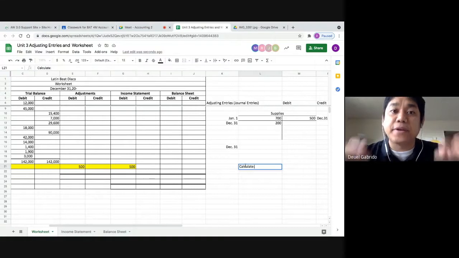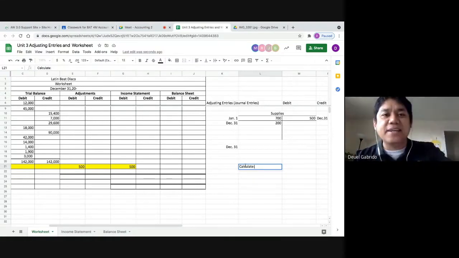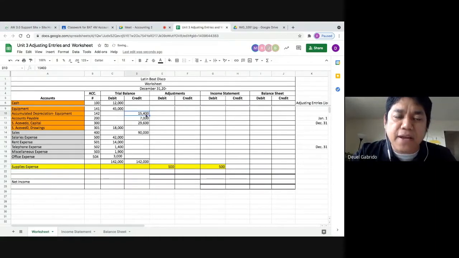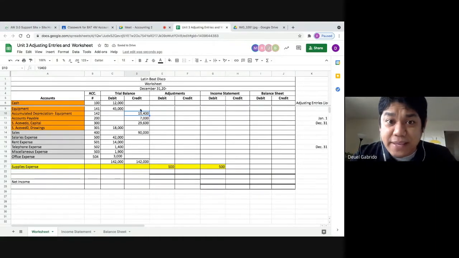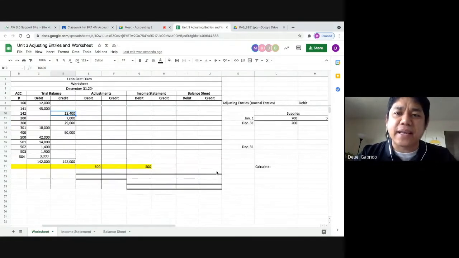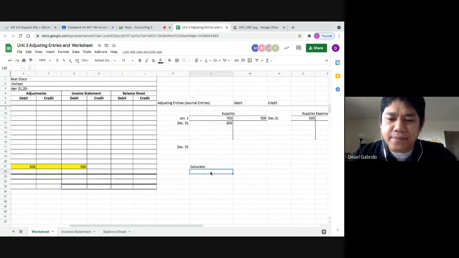Calculate for this year. Last year, don't worry about the 15,400 because they gave it to us already. Our problem is this year. So how do we calculate this year's depreciation?